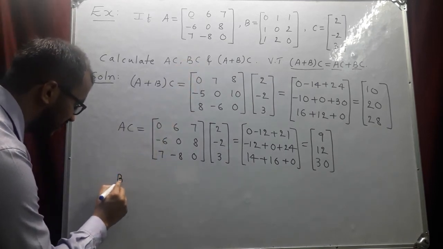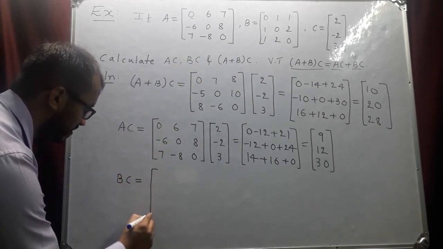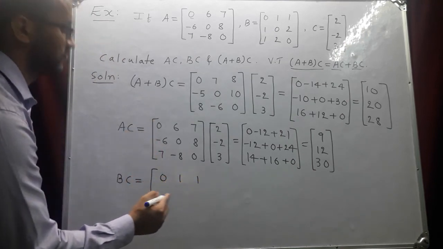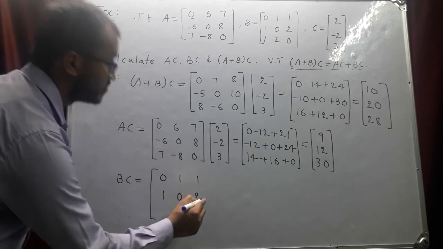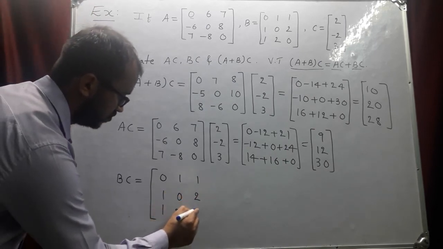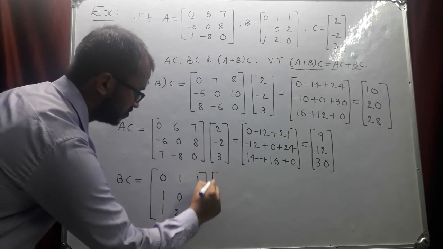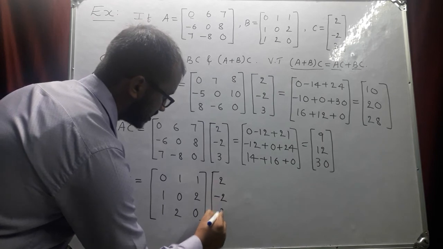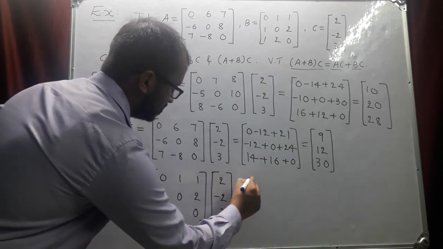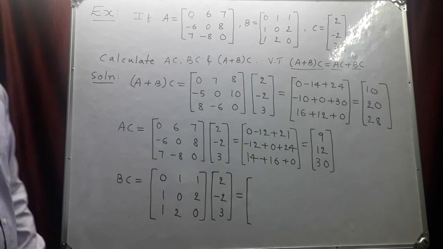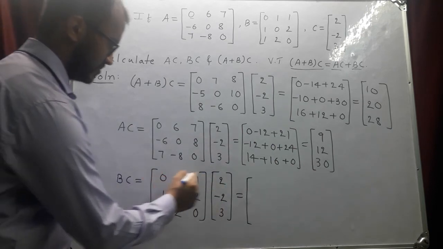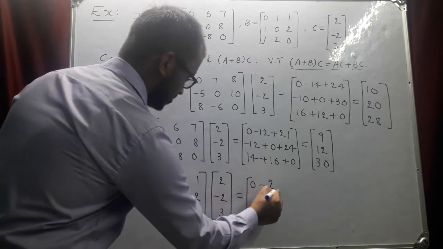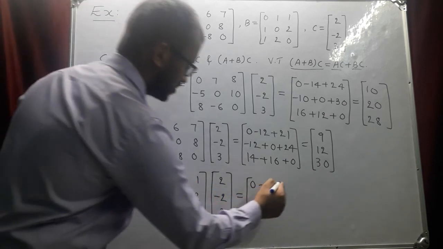Similarly, find the value of BC. Matrix B is 0, 1, 1, 1, 0, 2, 1, 2, 0 into C. C means 2, minus 2, 3. If you find the product, first row, first column, that is 0, 1 into minus 2, that is minus 2, 1 into 3.